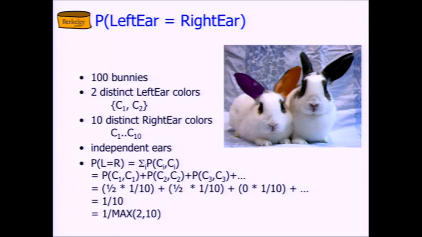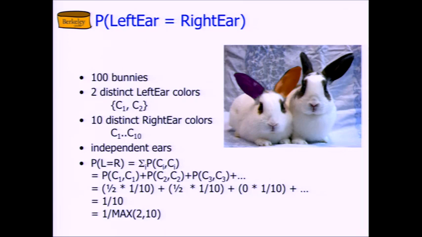Well, it's the sum over all colors of the probability of getting that pair of colors. It's the sum of red, blue, green, etc. But keep in mind, there are only 2 distinct left ear colors, and there's 10 distinct right ear colors. And the only matches, so P of C1, C1 plus P of C2, C2 plus P of C3, C3, but the only matches are 1 and 1, and 2 and 2.